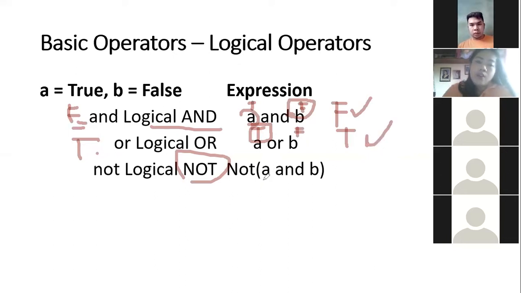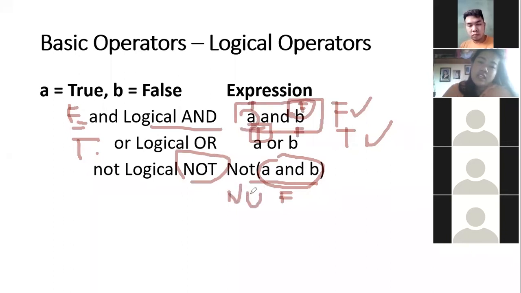And then, for NOT, since the expression meron siyang parenthesis, you solve first yung nasa loob ng parenthesis. A and B, true and false is? False. And not false is?